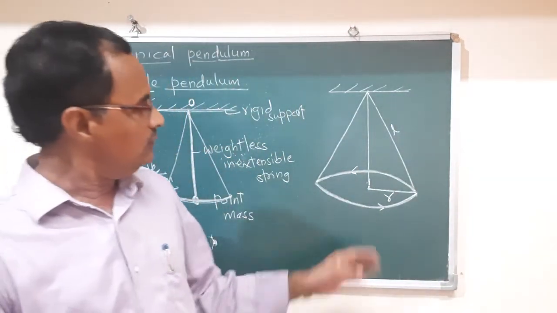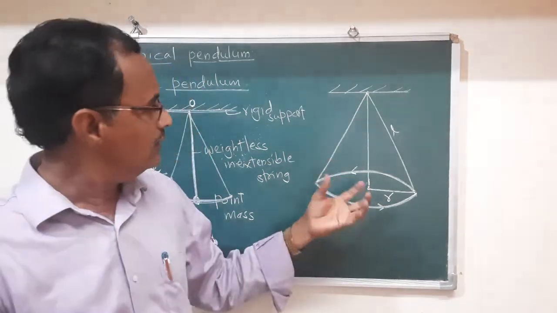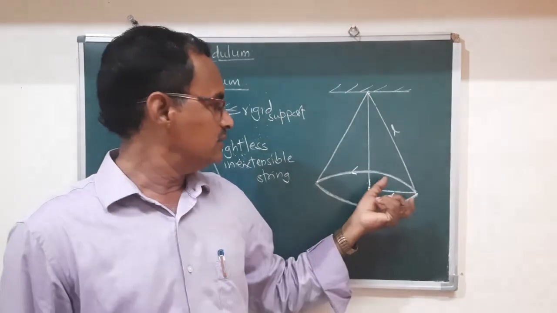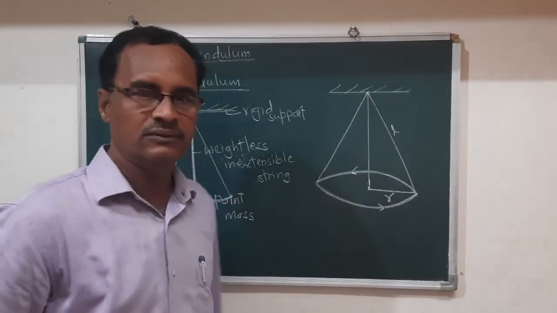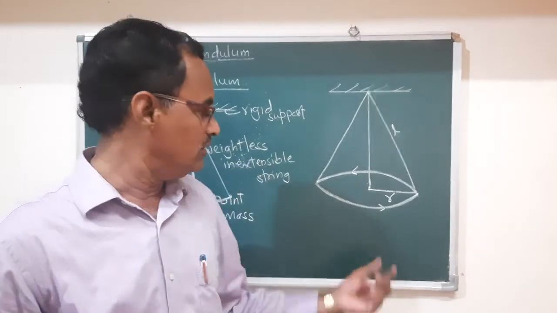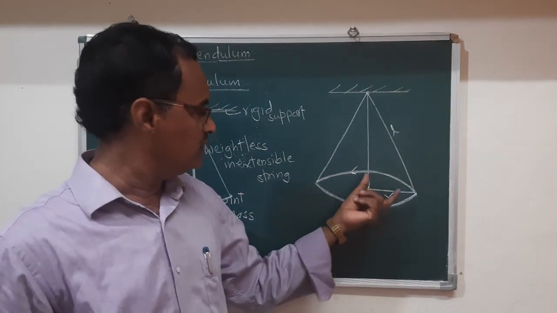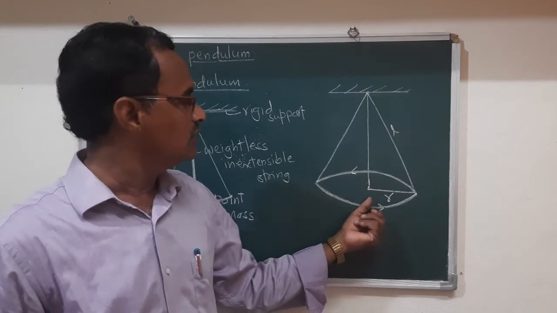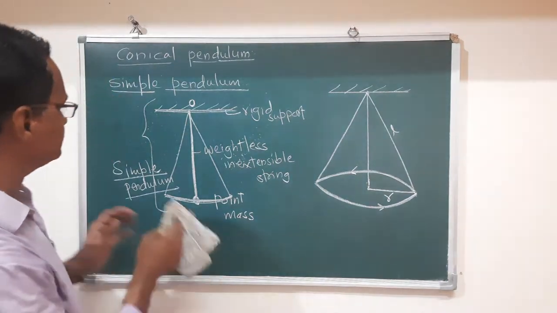Okay. Now, what is the period of this pendulum that we have to derive? How much time is required to complete one oscillation of this bob, that we have to consider? That is nothing but the period of a pendulum.